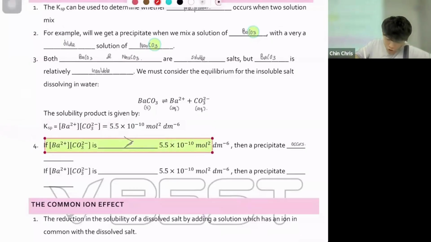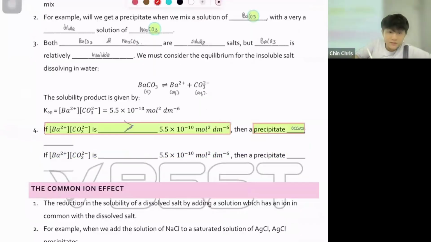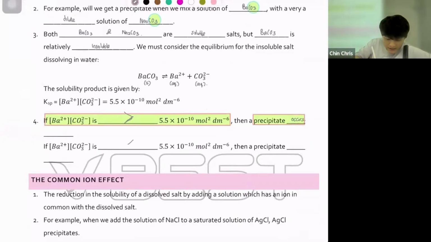Highlight: if the concentration is greater than Ksp, precipitation will occur. But if your concentration is lesser than Ksp, precipitation does not occur.